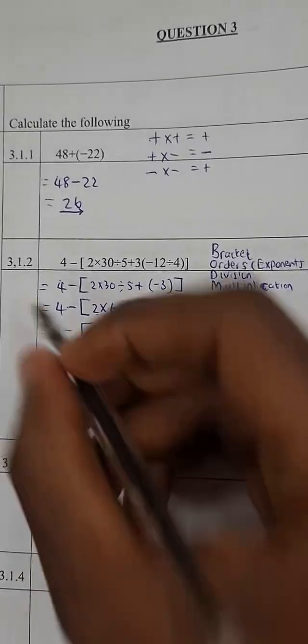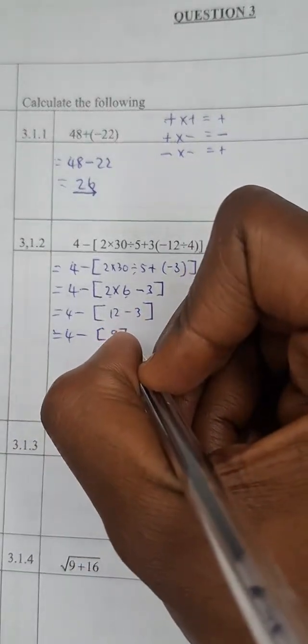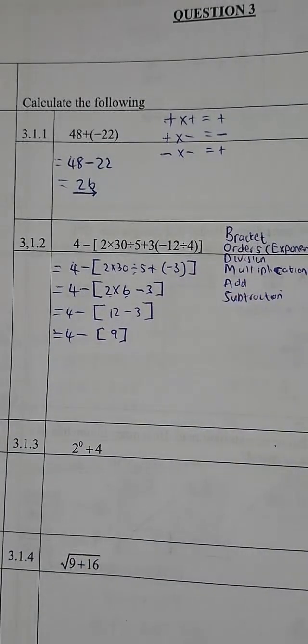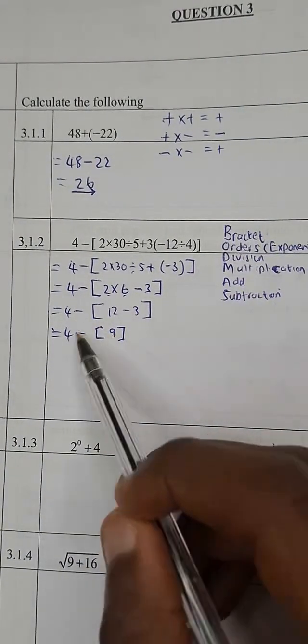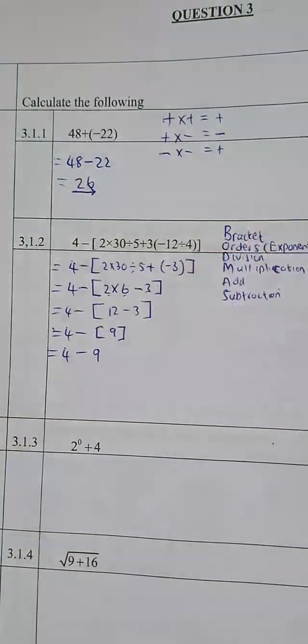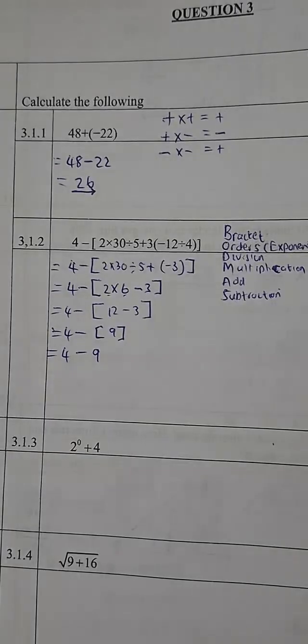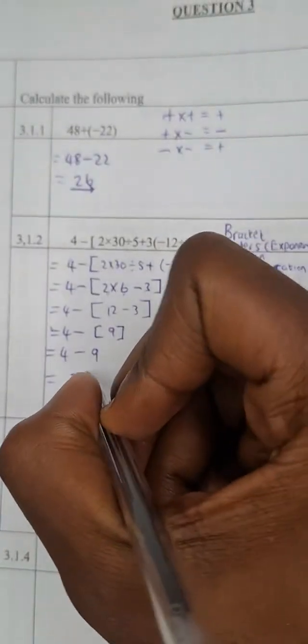Then we have 12 minus 3 inside there. We have 4 minus, 12 minus 3, guys, is what? 9. Then negative times a positive in the bracket. That is 4 minus 9. Hey, what is 4 minus 9? -5.